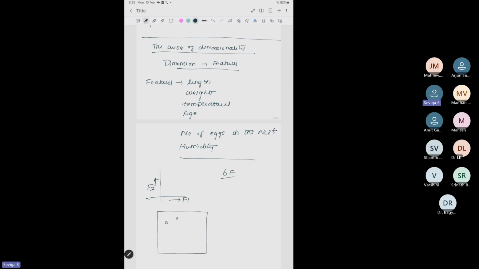Suppose you have a small number of samples. These are fertilized eggs. These are unfertilized eggs. Suppose we have very few samples. Then we can have a number of decision boundaries like this.